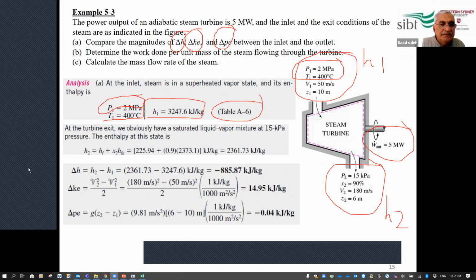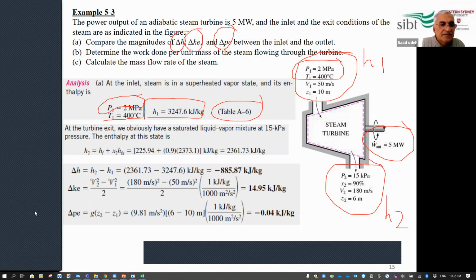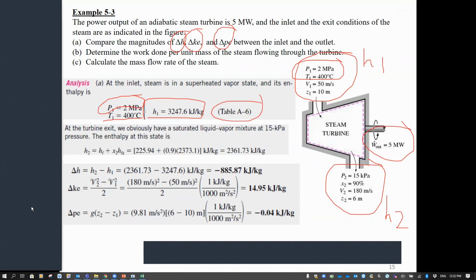Yeah, Imran? How do I know that the exit is two-phase? Any one of you? X equals 90%. Jiangxi, yes, thank you.